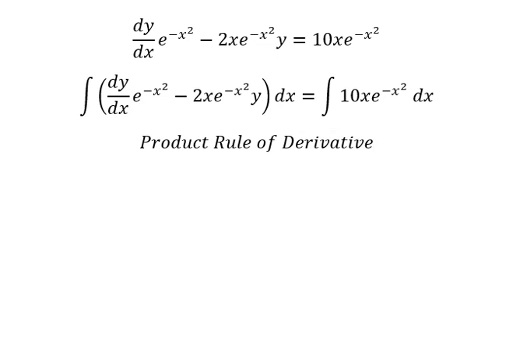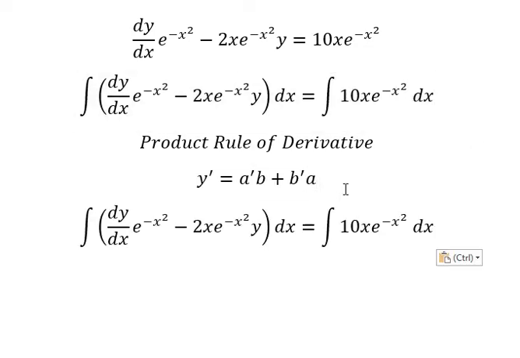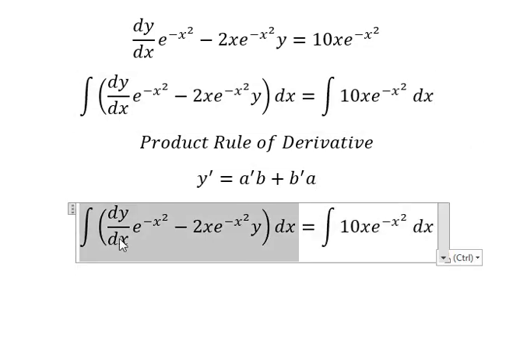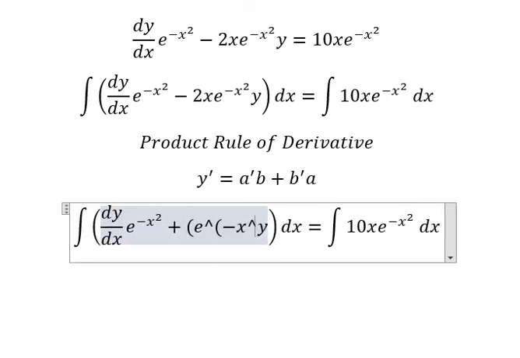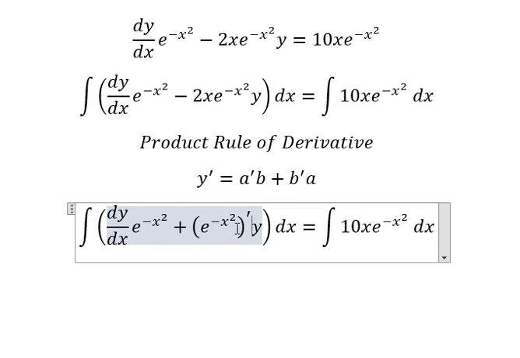So we have the first derivative of y equals the first derivative of a multiplied by b plus the first derivative of b multiplied by a. So if we look carefully at this one, that is the first derivative of a multiplied by b. This one is the first derivative of b multiplied by a.